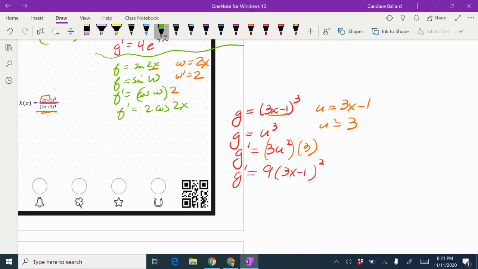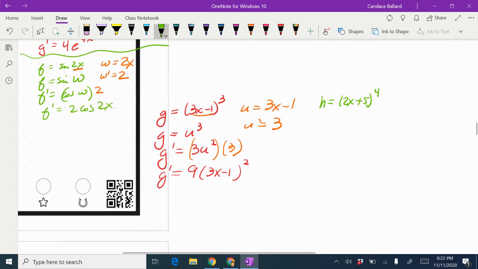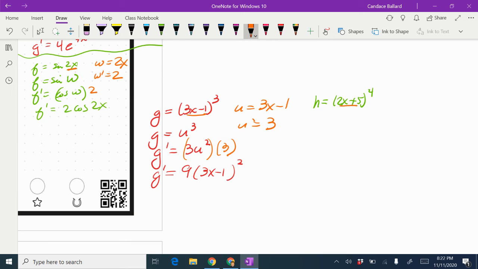Now we're going to do the green. I'm going to call that one h. So h is going to be (2x plus 5) to the 4th. I recognize that I have an inside function. I'm going to call the inside one w. w equals 2x plus 5, so w prime is 2.